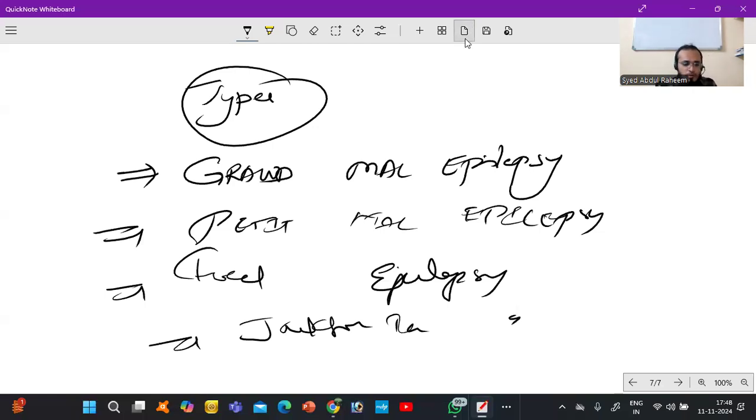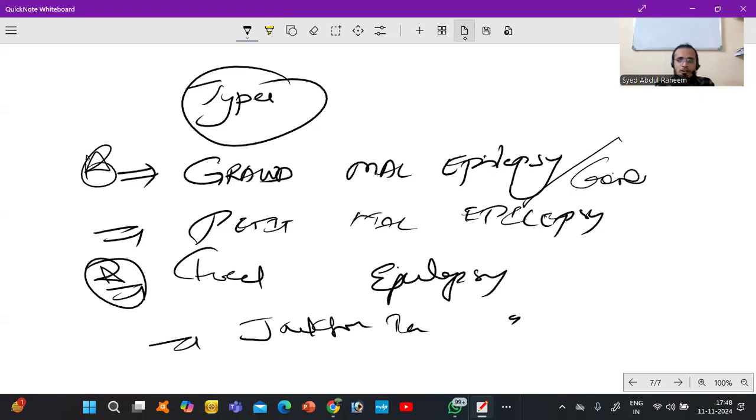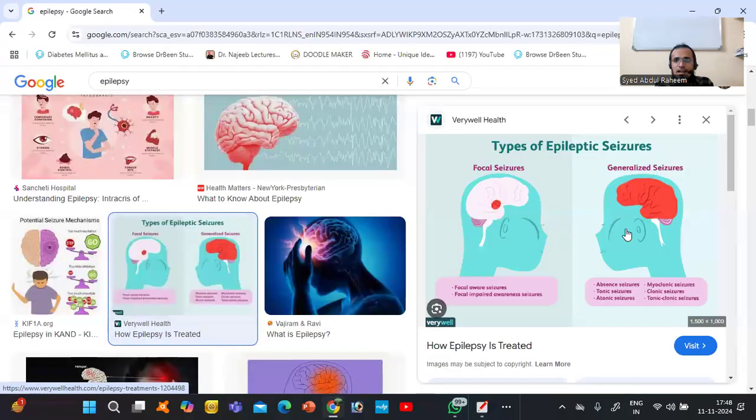Now, first we'll talk about grand mal epilepsy. Two are very common: grand mal epilepsy and focal epilepsy. Grand mal is also called generalized epilepsy, like we already saw here. In generalized epilepsy, all parts of the brain are affected.